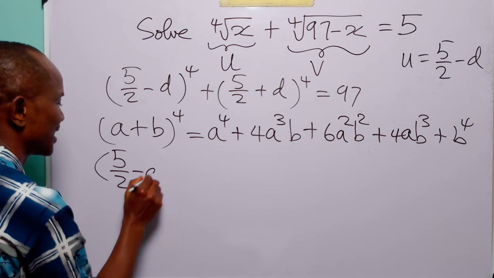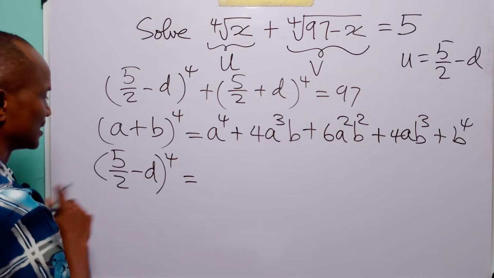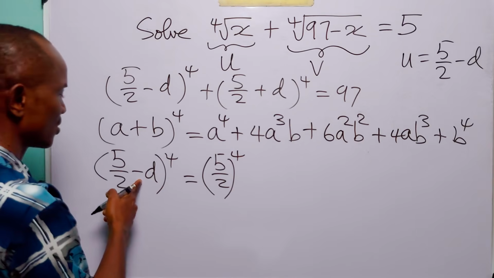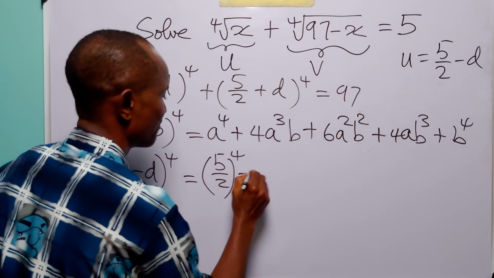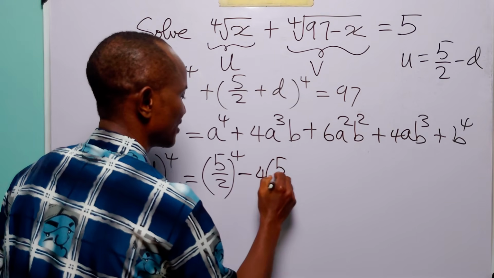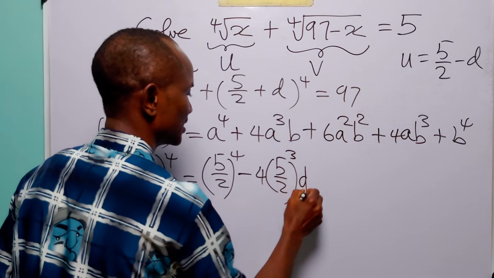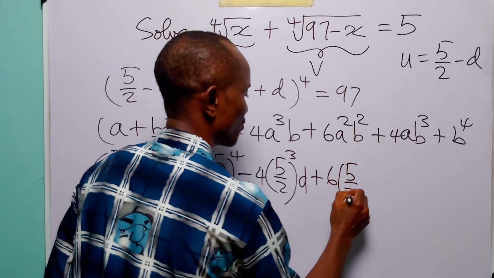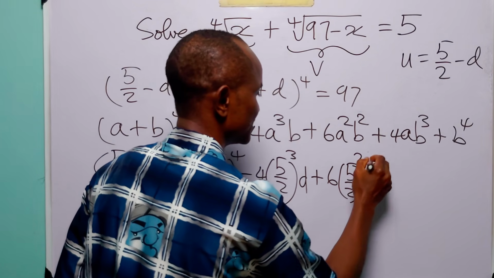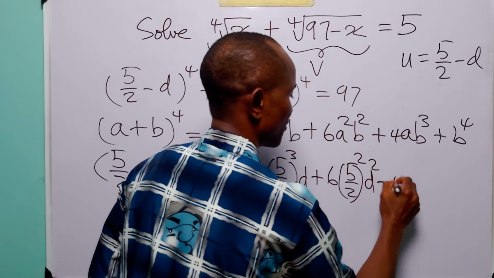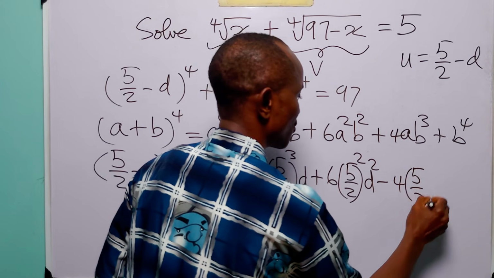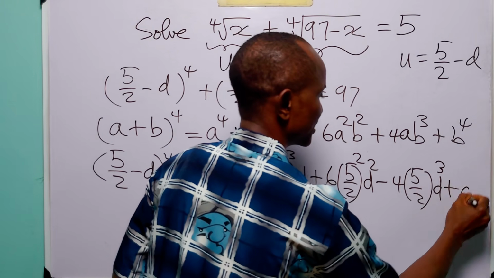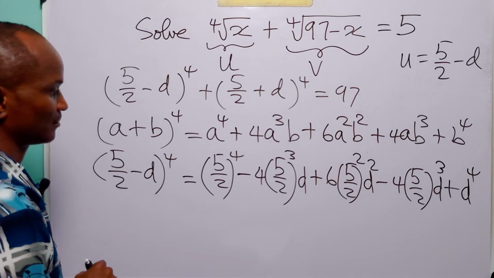So now here we have 5 over 2 minus d raised to power 4. This is going to be equal to 5 over 2 raised to power 4. Because of this negative sign, we have minus 4 times 5 over 2 cube d plus 6 times 5 over 2 squared d squared minus 4 times 5 over 2 d cube plus d raised to power 4.